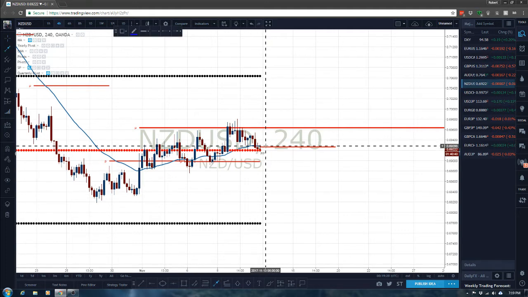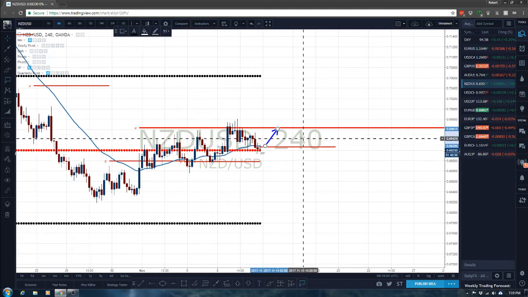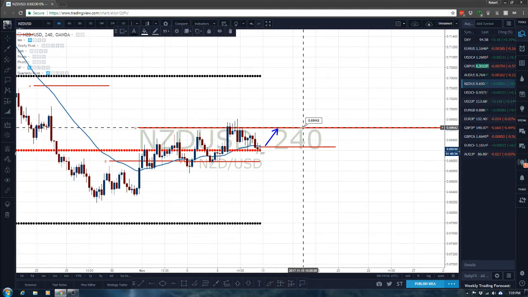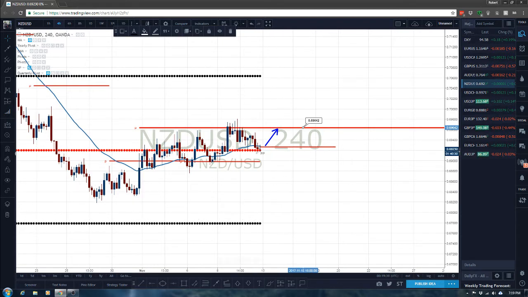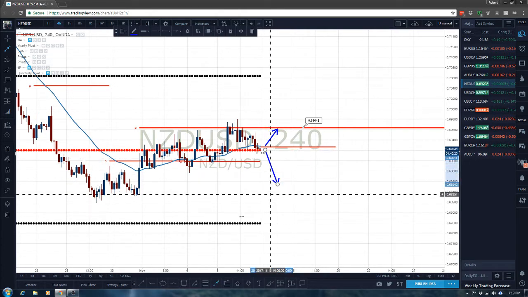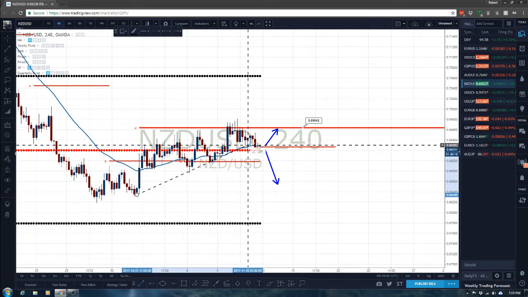If price does come up, look for the first level of resistance to be the monthly pivot, which is currently at the 69.64 level. If price does stay below this level, continue to look for price to sell lower, and possibly any pullbacks to this trend line.